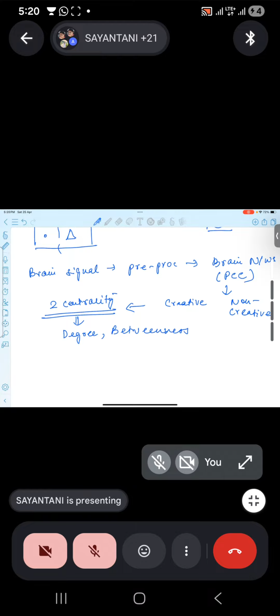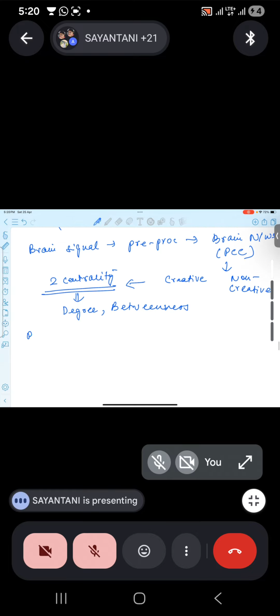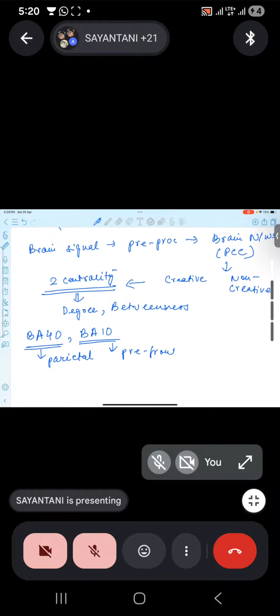So from these centrality analyses, that is degree and betweenness centrality, what we inferred is that Brodmann area number 40 is present in the parietal lobe. Then Brodmann area number 10, this is present in your prefrontal cortex. Okay.